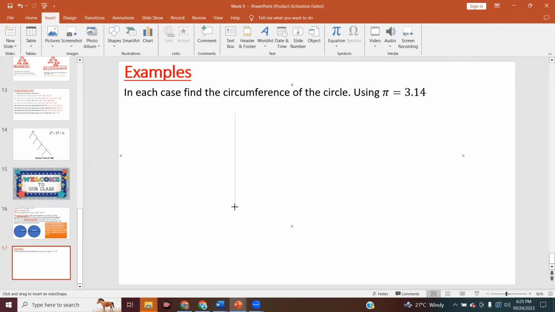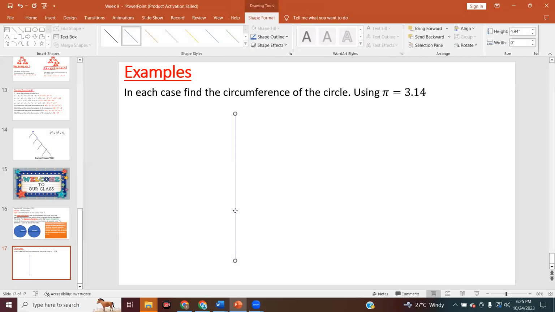So let's do this. I only want to do 2, I think 2 would suffice.